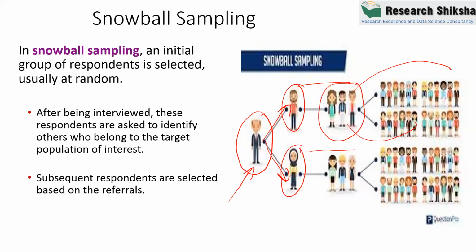In that study, because you cannot find collectors on any social platform or other platforms, first you try to find one collector, then you take references of other collectors, because all the collectors know each other. So with the help of snowball sampling, we collected the data of 300 collectors. Whenever you do not have any sampling frame, you can use this snowball sampling method, which is very helpful in some cases.